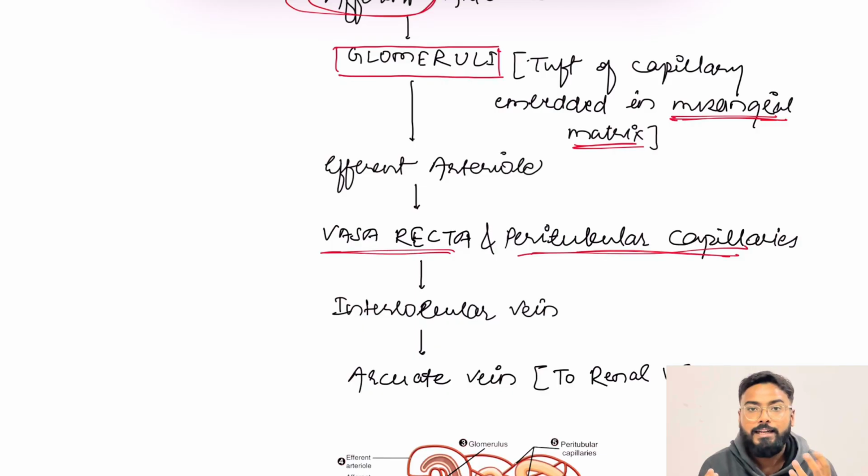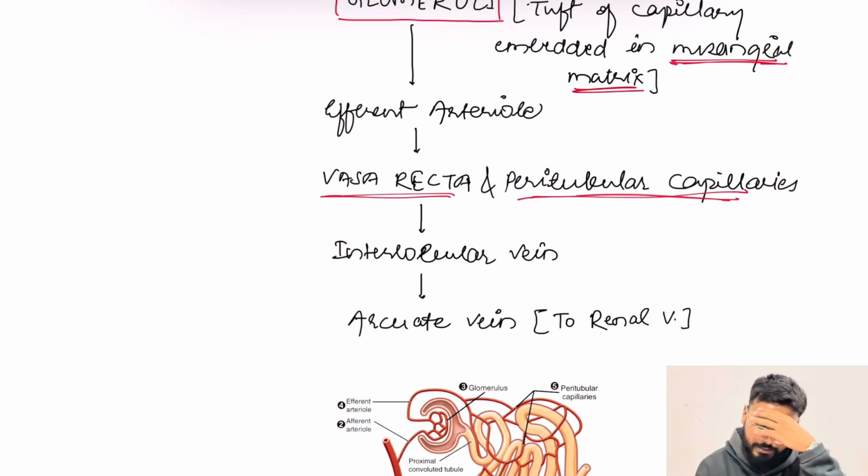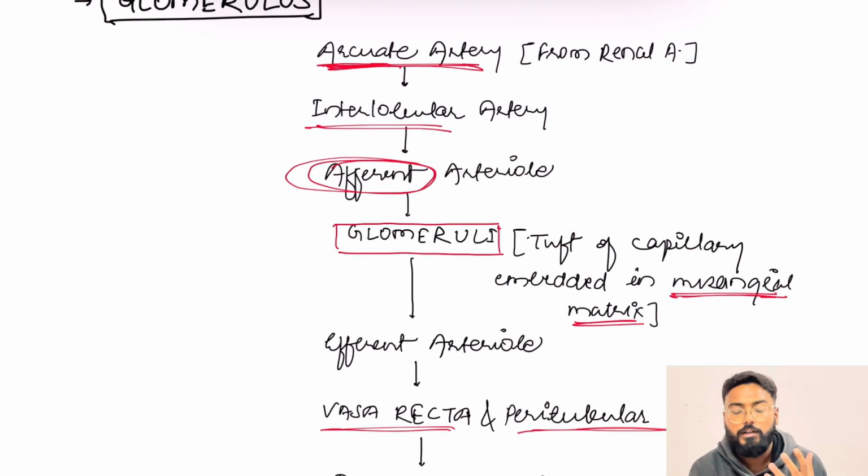The vasa recta is mainly involved in the exchange, but the peritubular capillaries are not. The vasa recta further drains into the interlobular vein, then into the arcuate vein, and then into the renal vein. So this is the whole architecture of how a glomerulus is formed.